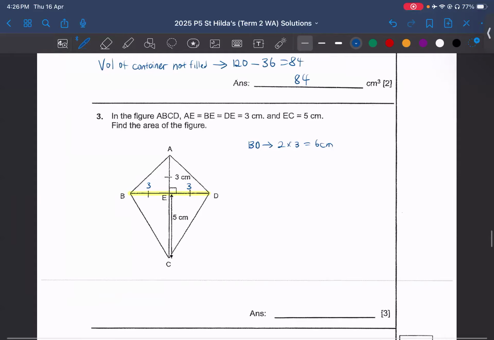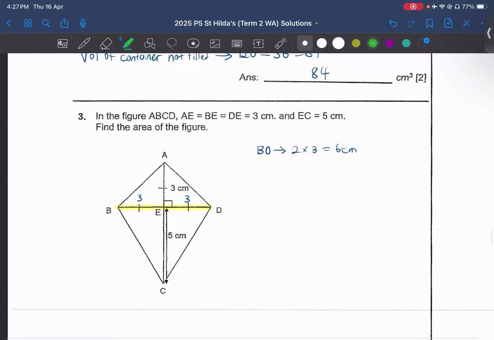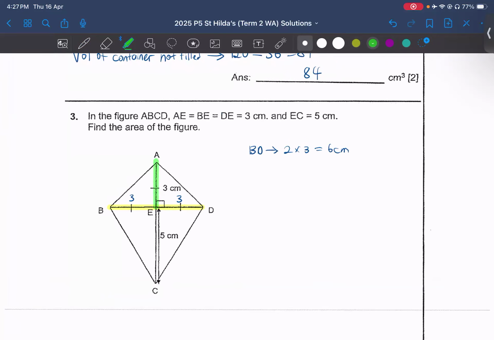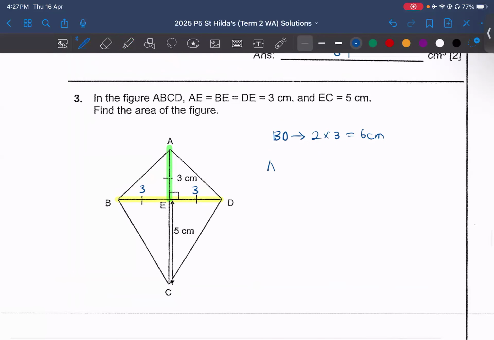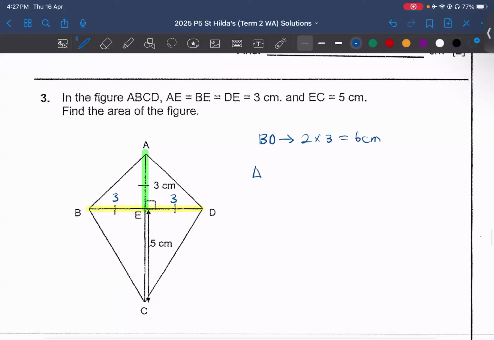So that is my base. So to find the area of the top triangle, it is your base times perpendicular height, which in this case, your height would be this 3 centimeters here.